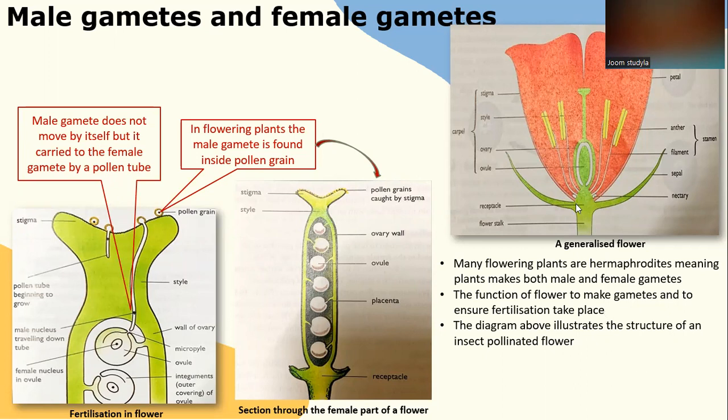From this diagram of a generalized flower, many flowering plants are hermaphrodites, meaning the plants make both male and female gametes. The function of a flower is to make gametes and to ensure fertilization takes place. The diagram above illustrates the structure of an insect-pollinated flower.